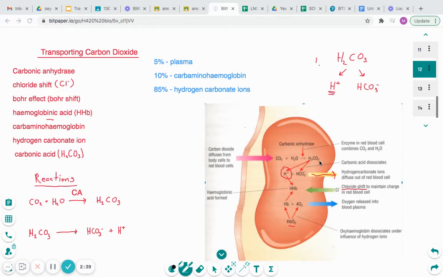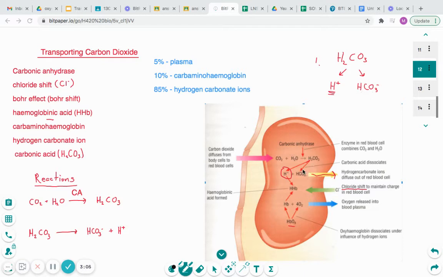And like all acids, they all donate hydrogen ions. So our carbonic acid, H2CO3, breaks down into the hydrogen ion, which is what makes it acidic, and also into the hydrogen carbonate, HCO3-.